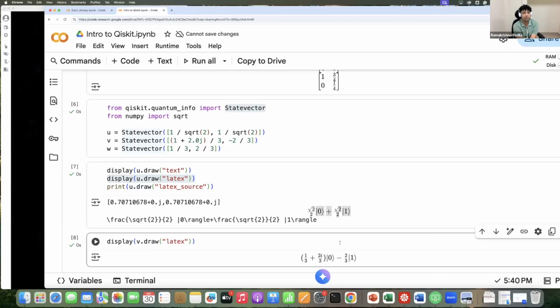Is the v vector normalized? Is it a valid vector? What do you think?